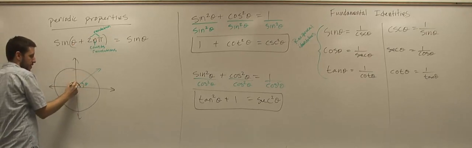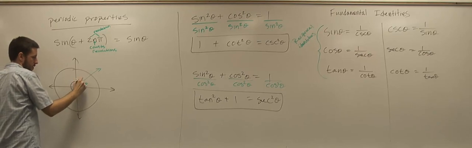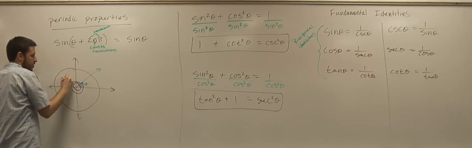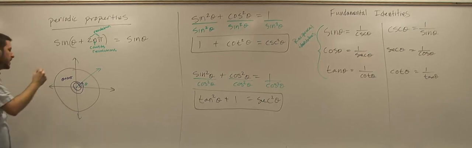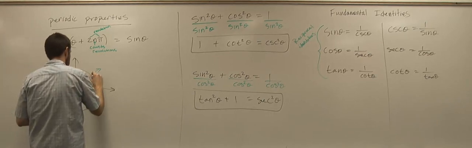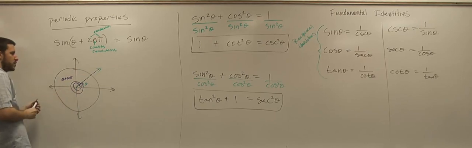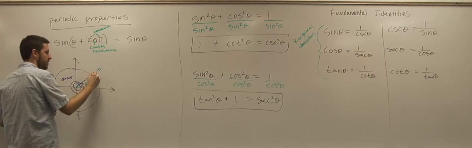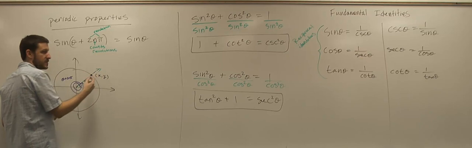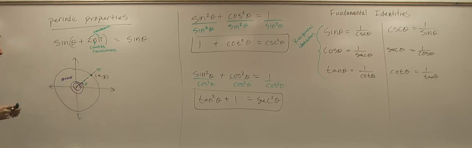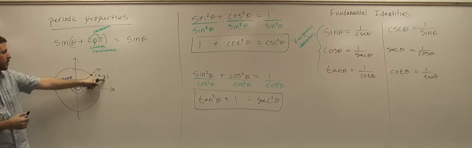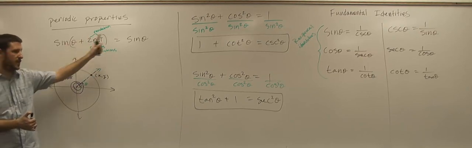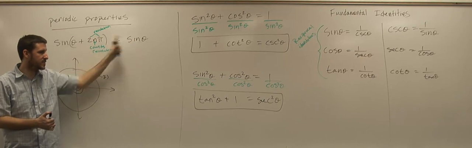So this would be an example of theta plus 2n pi. But you land in the same place. So your y value on the unit circle is going to be exactly the same. So whether I go theta or I go theta plus 2n pi, I will get the same sine. That's what this is.